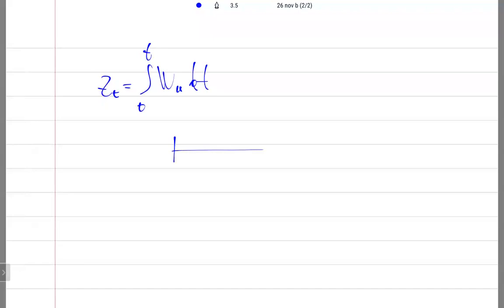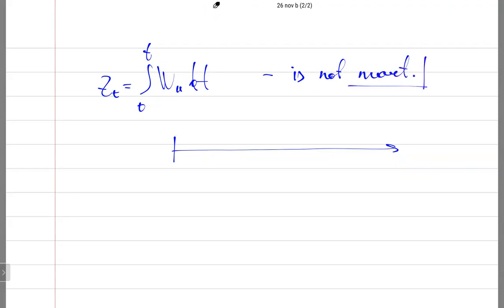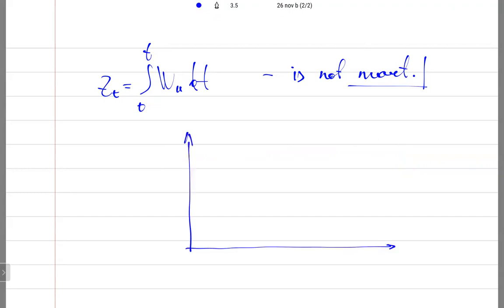I will explain the intuition. It's not a martingale. It's not like a trend. Because, I mean, there is something in the final equation which depends on time, not on the Wiener process, but on time.